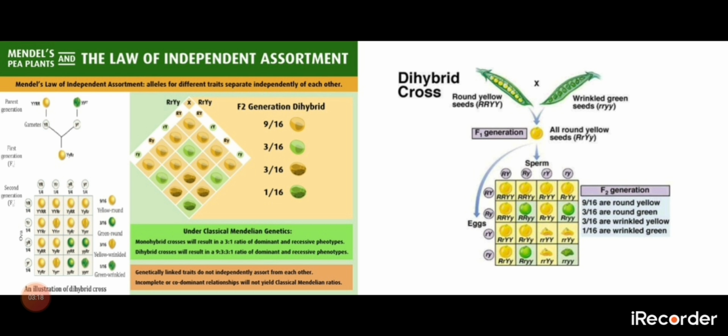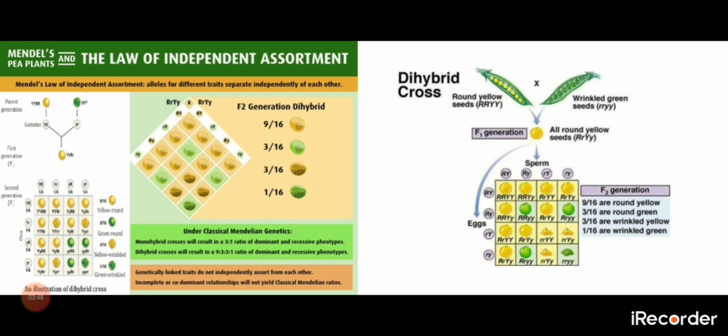In the F2 generation, seeds were obtained which showed all the four possible combinations, that is yellow and round seeds, capital Y, capital R, small r. Yellow and wrinkled seeds, capital Y, small r, small r. Green and round seeds, small y, capital R, small r.